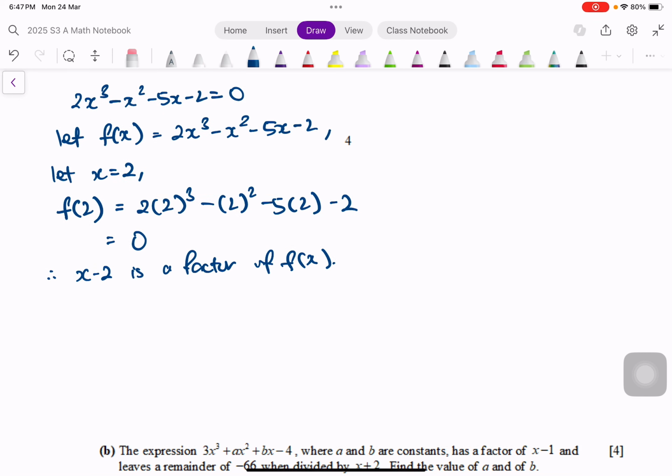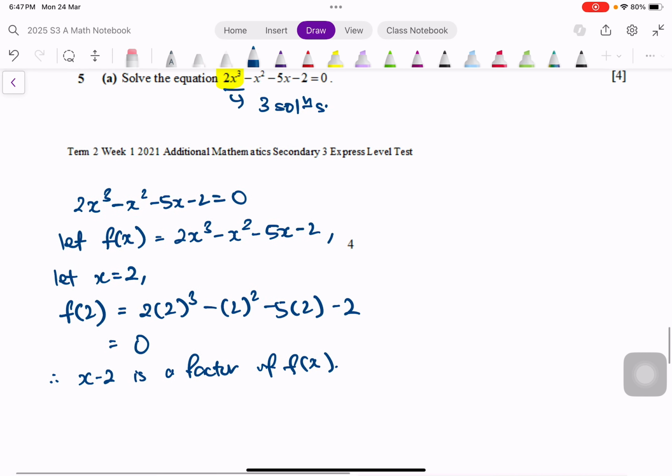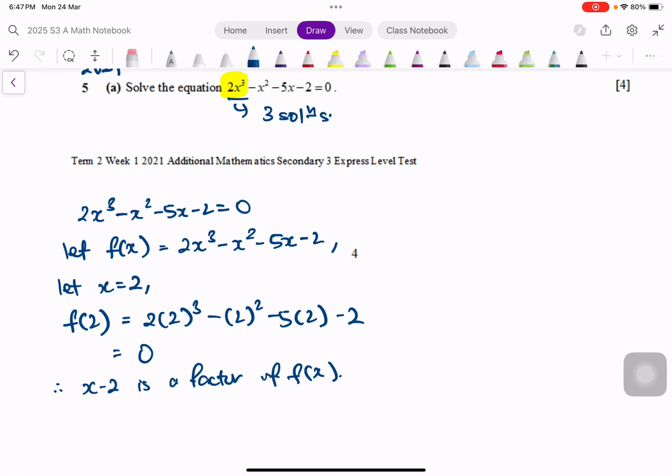After I know x minus 2 is a factor, I want to find out the other factors. I only know how to solve a quadratic equation using completing the square, or the tic-tac-toe, or the multiplication frame, or the crisscross. So what I must do is first find my remaining quadratic factor, and that can be achieved by long division. So I divide.